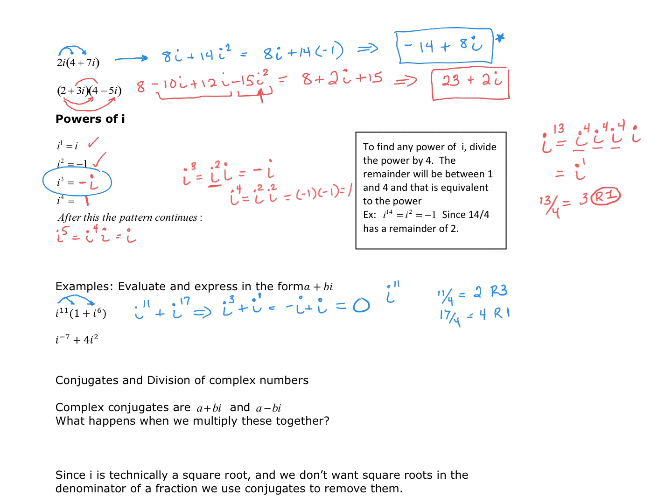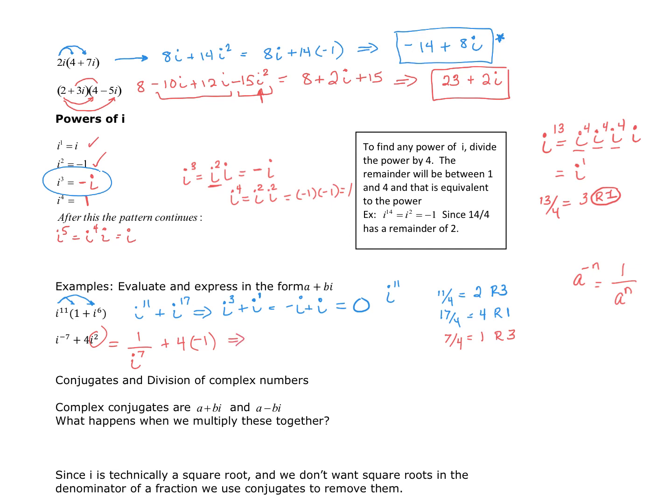Well, let's do that again. i to the negative 7th, if you remember your rule about negative exponents, when you raise something to a negative exponent, you get 1 over that thing to the positive exponent. So this is going to be 1 over i to the 7th. All right, let's do 7 divided by 4 is 1 with a remainder of 3.